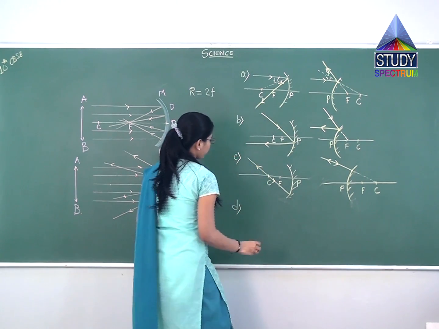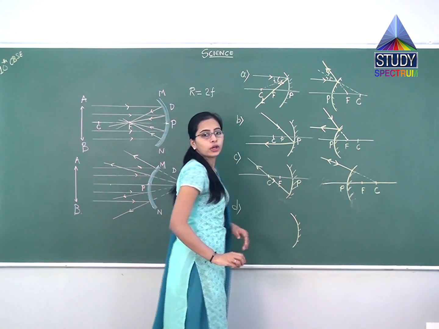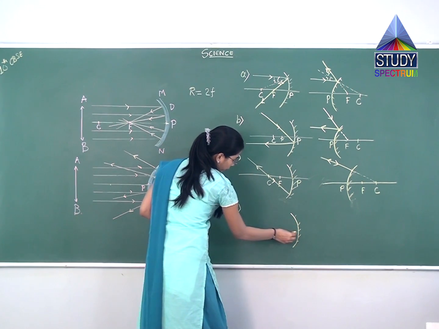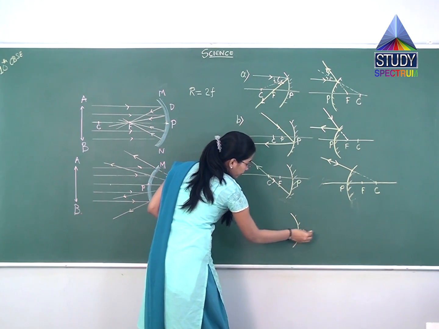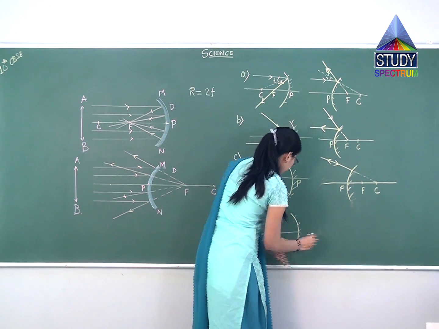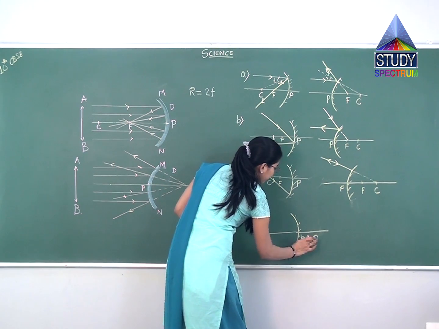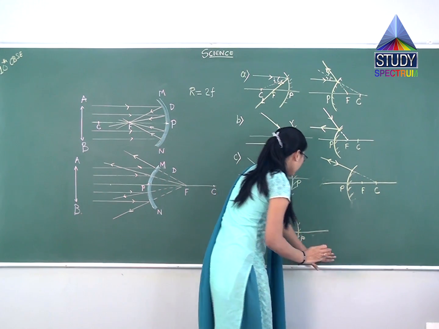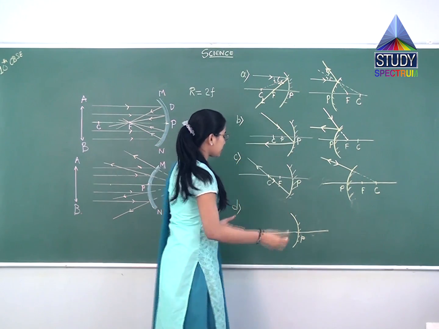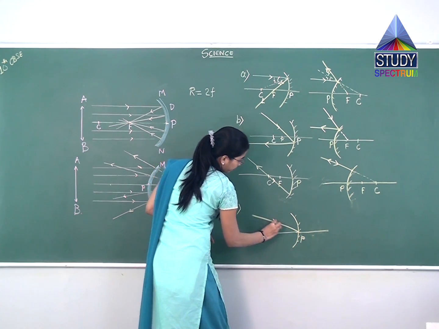Now here you have a concave mirror. Now the condition is that, suppose this is my principal axis, P, and your incident ray is falling obliquely on the pole P, like this.